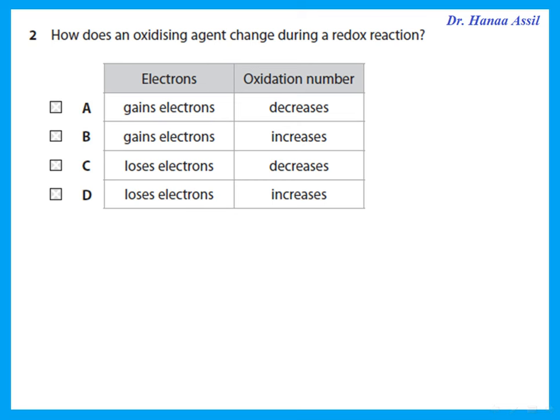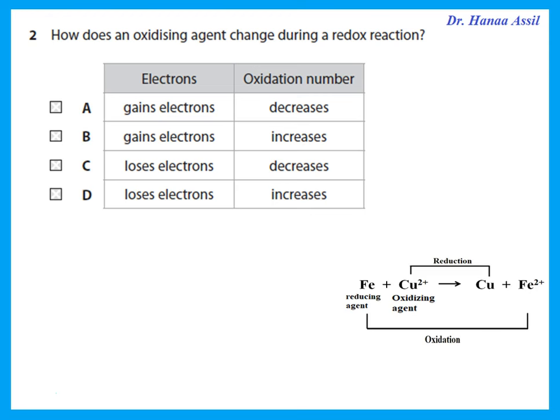How does an oxidizing agent change during a redox reaction? Let's take a look at a redox reaction. This is a redox reaction where iron plus copper 2 plus gives copper plus iron 2 plus. And you can see that the iron is oxidized, so the iron is the reducing agent.